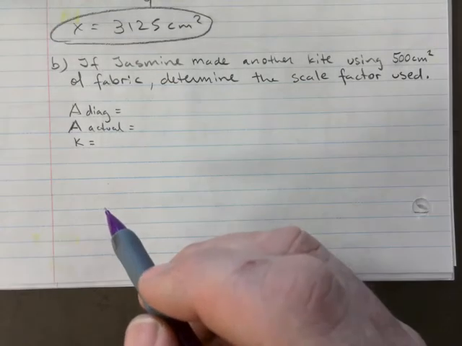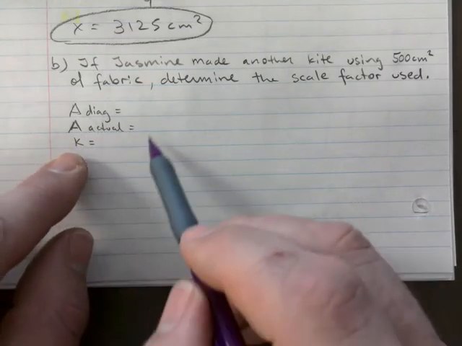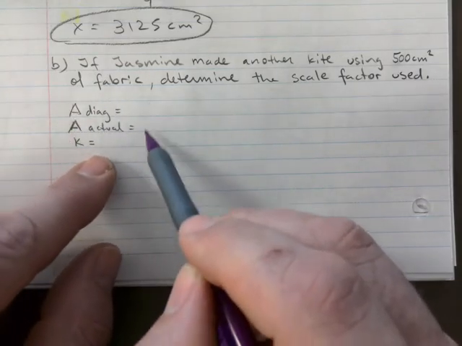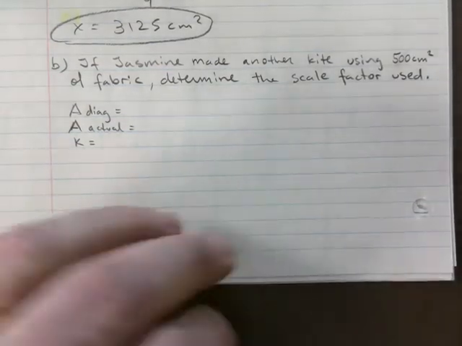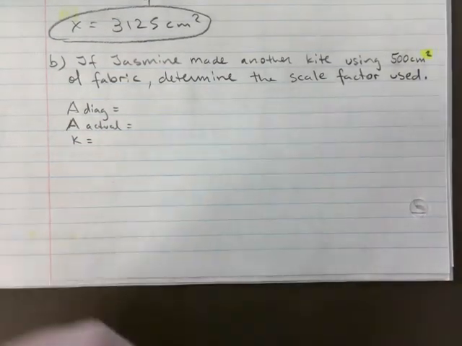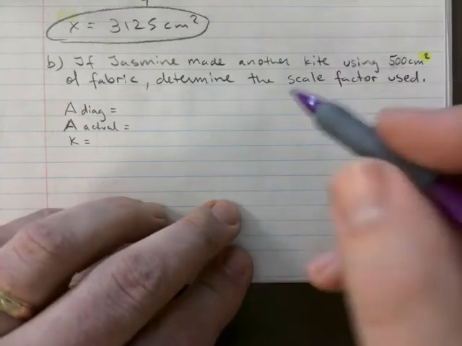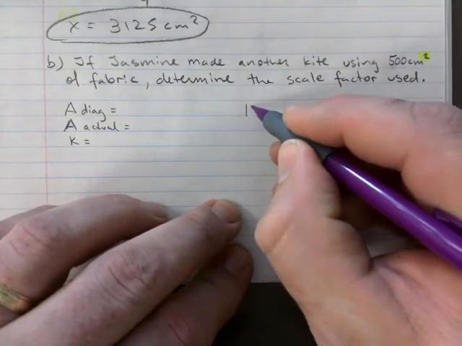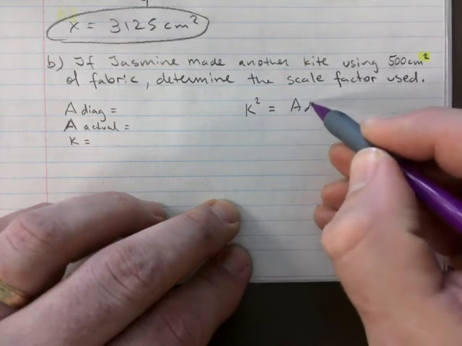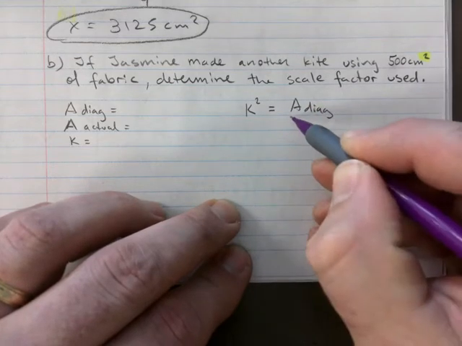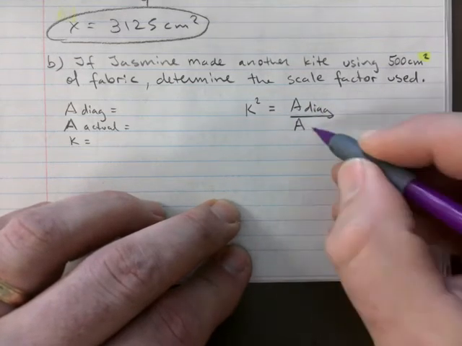So I want you to think about what we have, but because of this squared centimeter right there, we know that we're going to have to use this formula right here. k squared is area of diagram over area of actual.